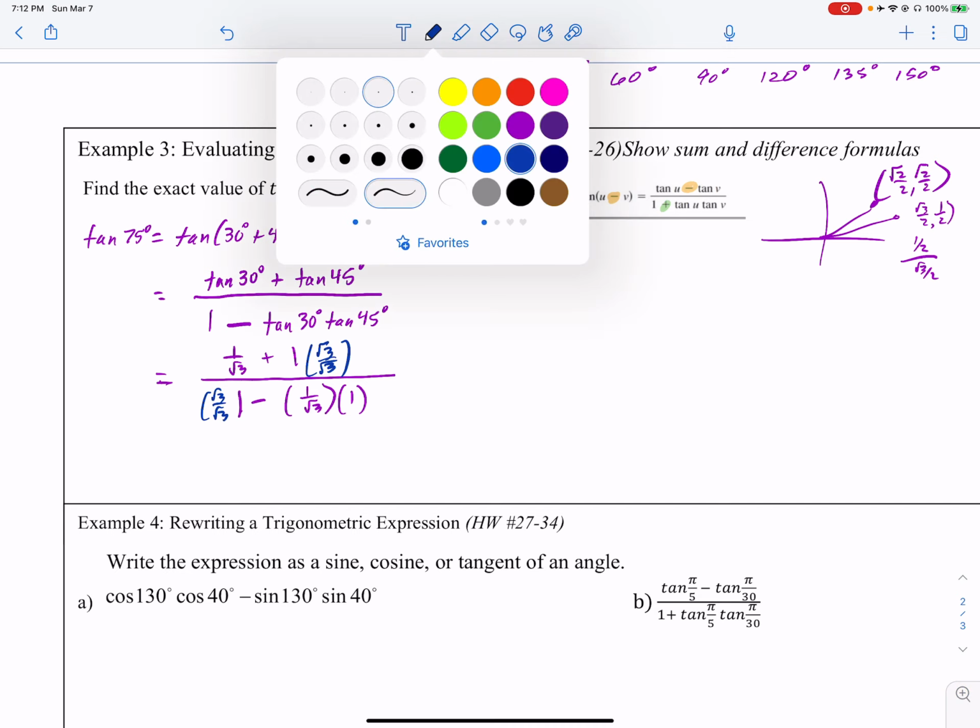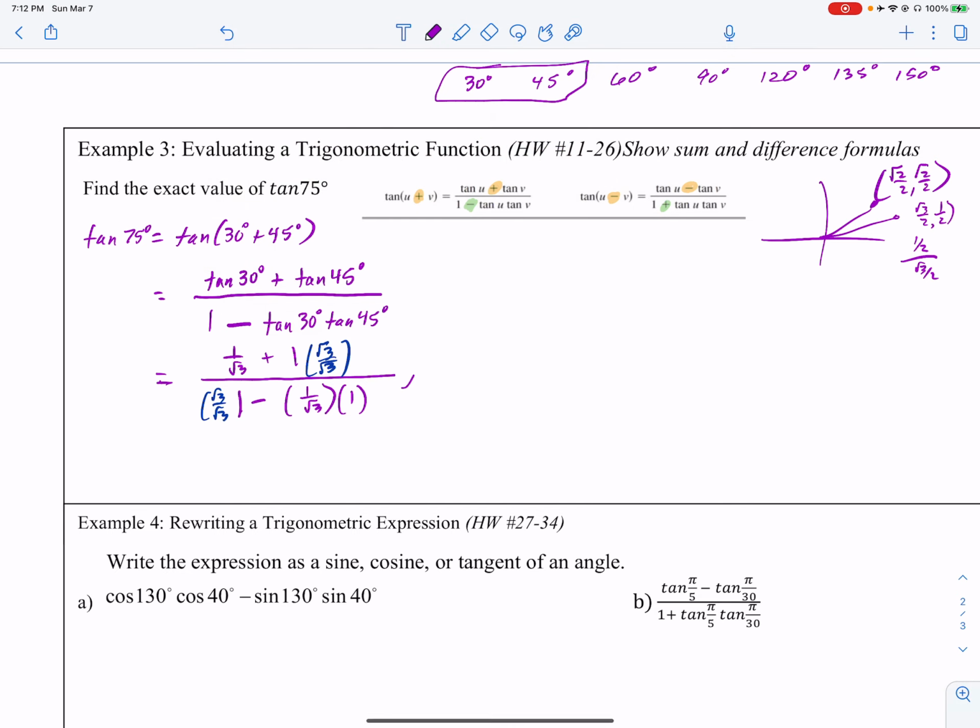And so this is going to be a 1 over root 3 plus root 3 over root 3. So I have a common denominator. And a root 3 over root 3 minus 1 over root 3. Which means I have a 1 plus root 3 over root 3, a root 3 minus 1 over root 3.